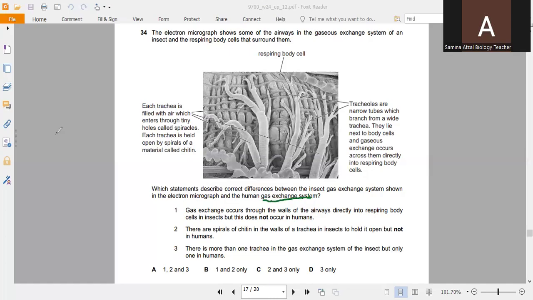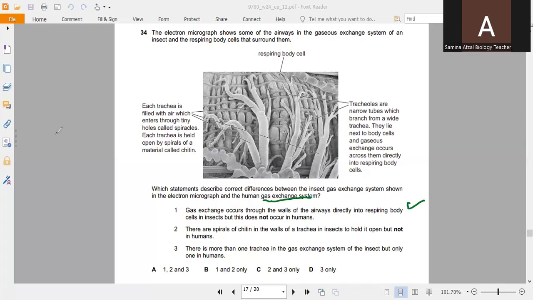Gas exchange occurs through the walls of the airways directly into the respiring body cells in insects, but this does not occur in humans. This statement is true. Humans have a proper respiratory tract which starts from the nostrils and ends at the diffusion surface, that is the alveolus.